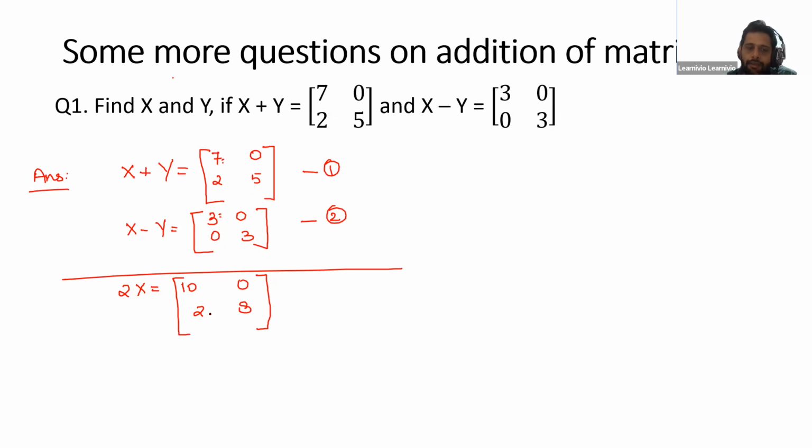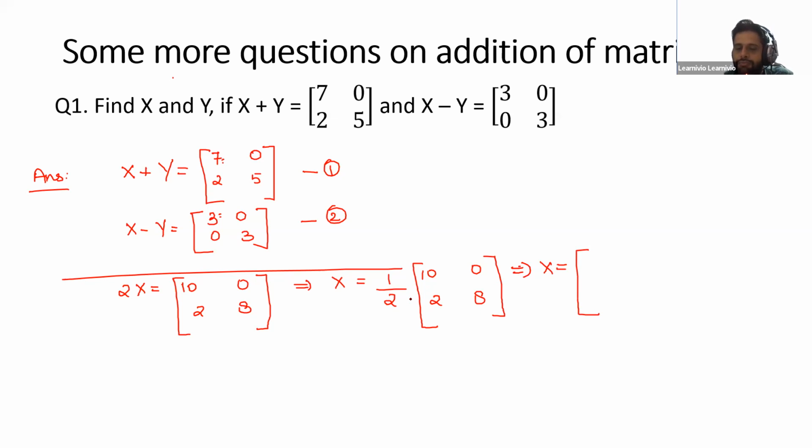Now we need the value of x. So we will shift this 2 to the right side. You already know that this will come in the divisor. Here you will get 1 by 2 times the matrix 10, 0, 2, 8. So finally, all the elements will get divided by this 2.